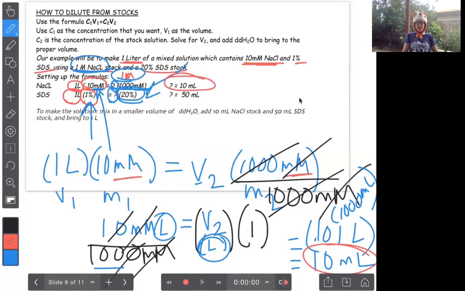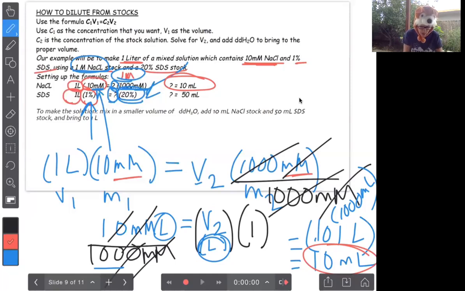So what would I do? I would make this a little bit easier on myself. I would change my equation here. Instead of saying 1 liter, because I don't want to do anything in... Okay. I would change the liter to milliliters to start.